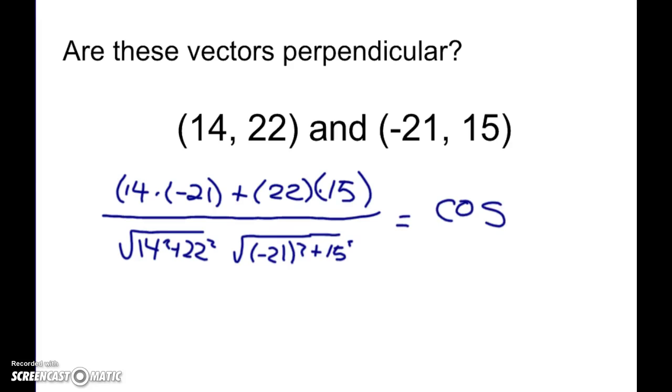Now we don't really care what the angle is, right? We just want to know if it's 90 or not. Anybody know the cosine of 90 from when you had to memorize it? 0. So what part of the formula has to be 0 for them to be perpendicular? Just the top.